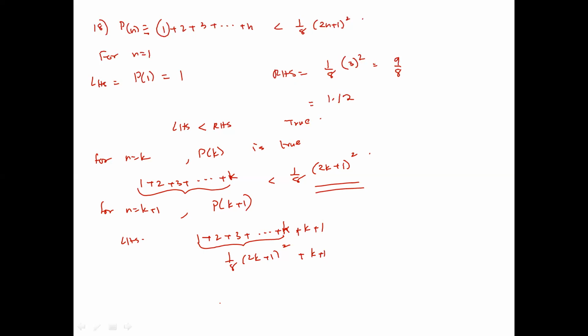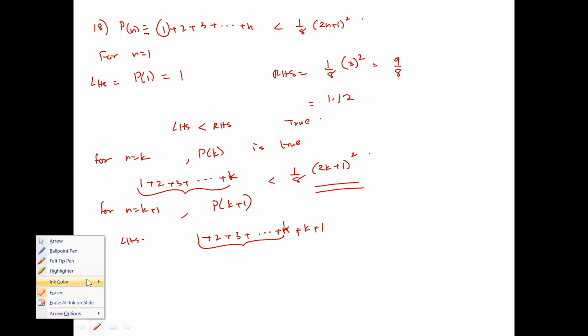How can we write this? 1 by 8 into 2k plus 1 whole square plus k plus 1. How to get the RHS? Because when you are using P of k, what happens?